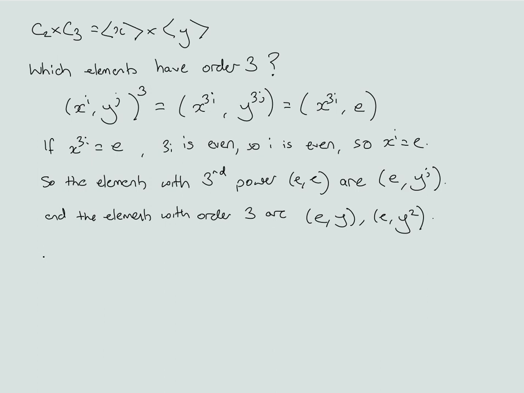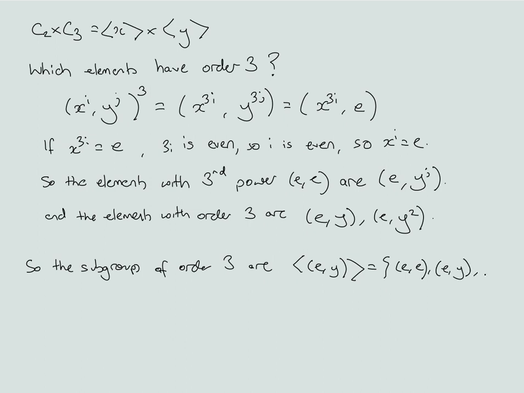So the possible subgroups of order 3 are the cyclic subgroup generated by (e,y), which is (e,y) to its 0th power, (e,y) to its first power, and (e,y) squared, which is (e,y^2), and the cyclic subgroup generated by (e,y^2).